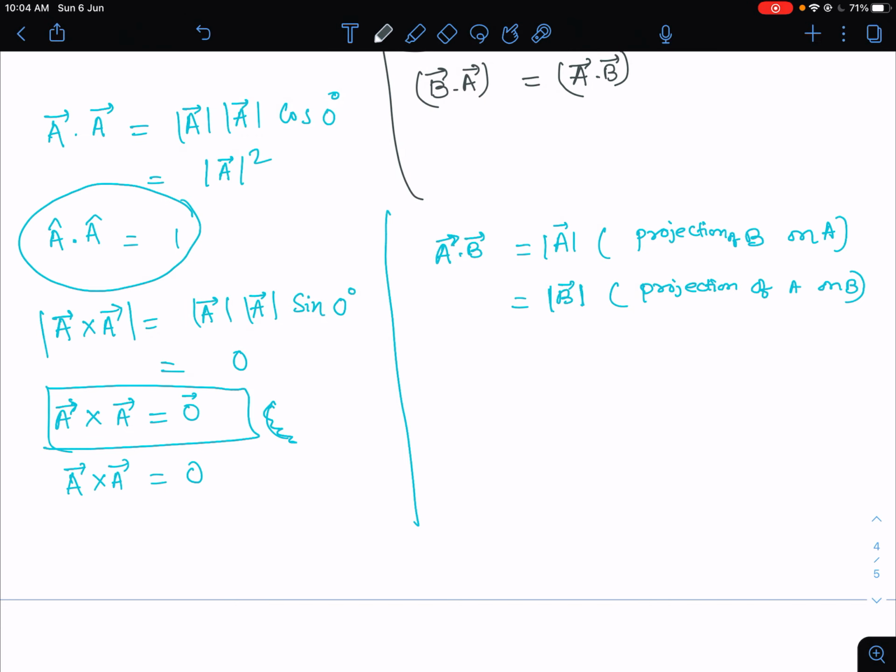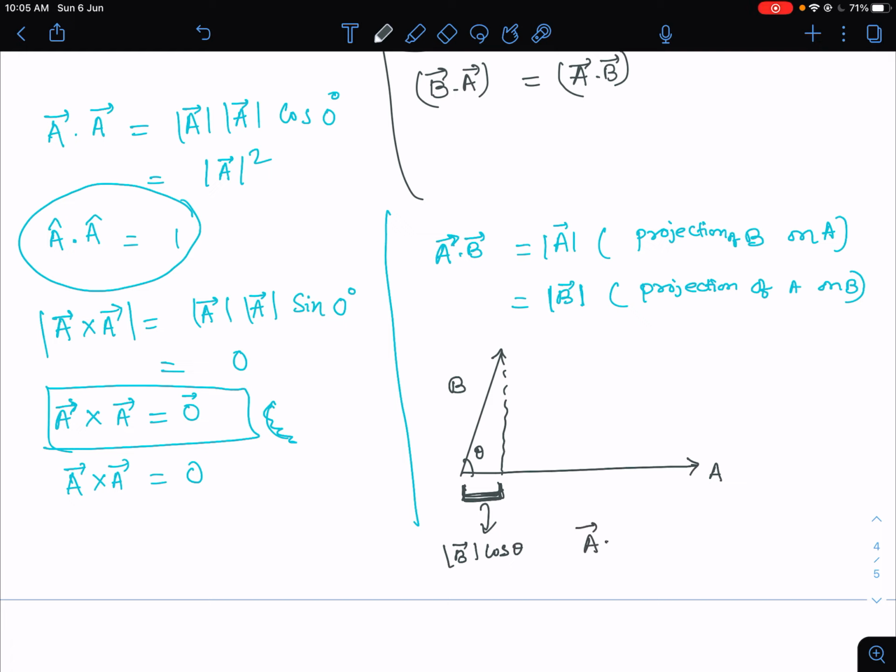So how do we prove this? Let's say we have vectors A and B. If you take the projection of B on A, here this is the projection of B on A. If the angle between the two vectors is theta, that projection is B cos theta.